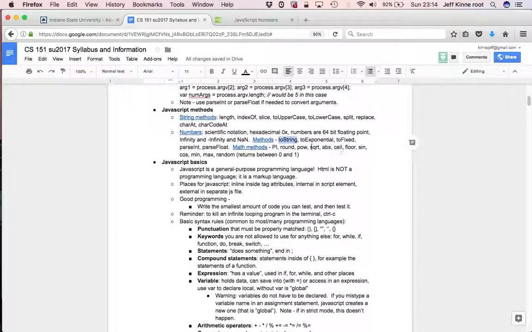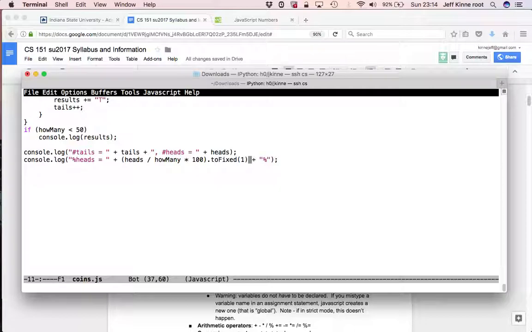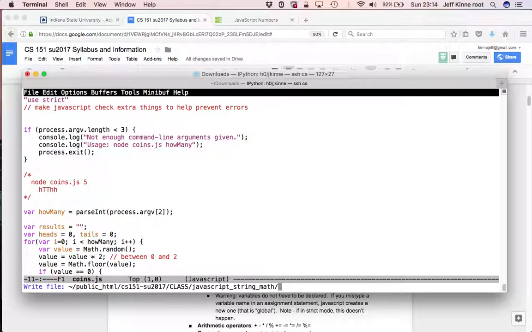Alright, so we got a chance to use toFixed and floor and random. Maybe we should do square root as another example. Why don't we take the coins as a starting point and call this test Pythagoras.js.